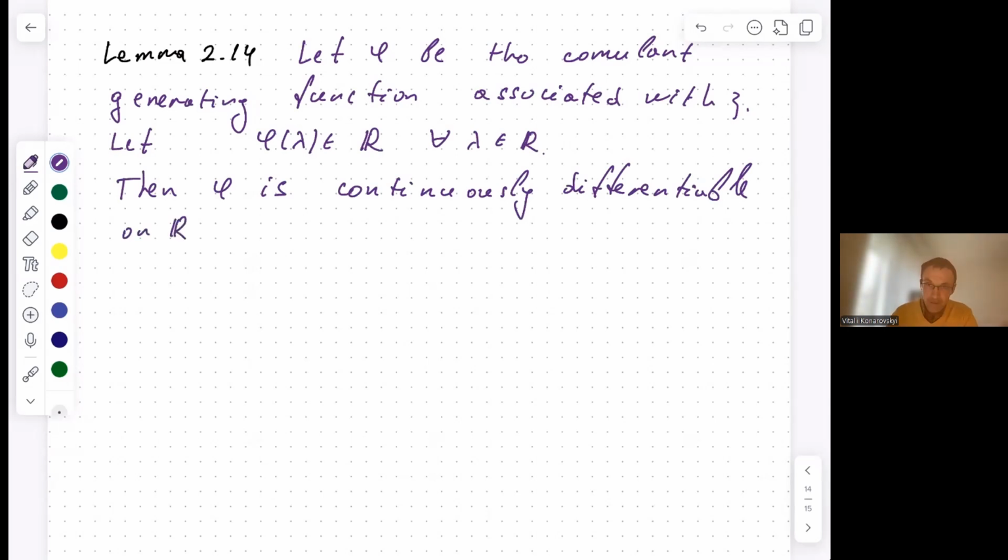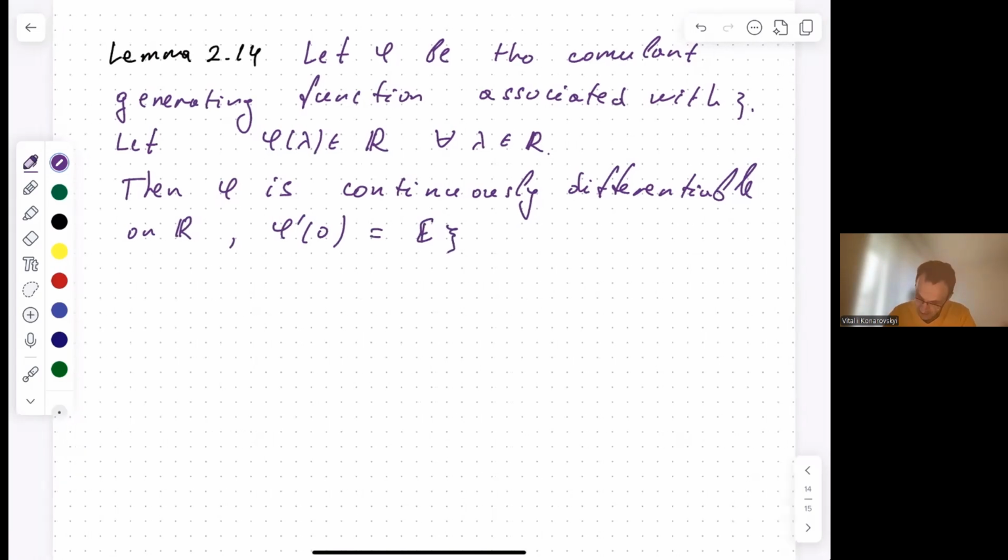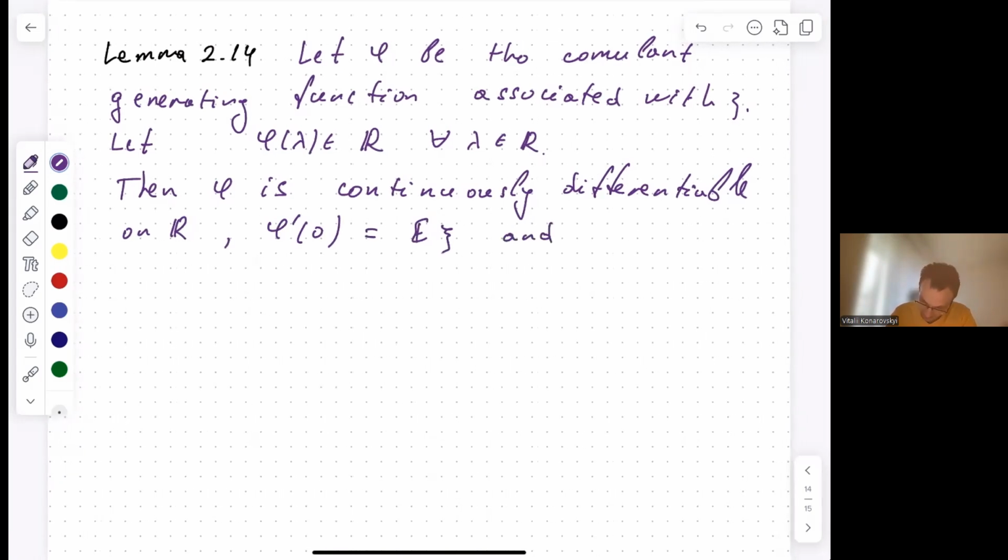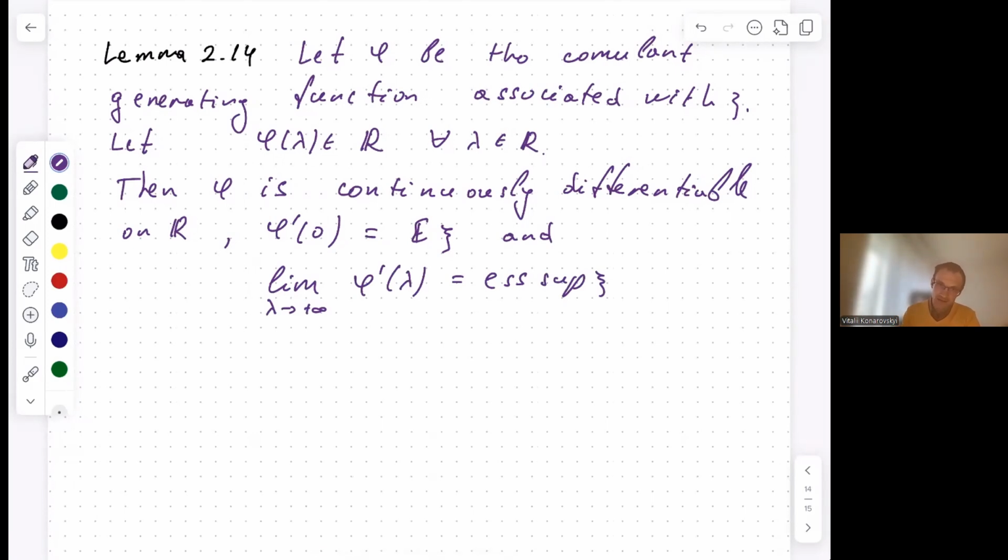On R, the derivative of phi at 0 is equal to the expectation of the random variable xi, and when you take the limit as lambda goes to plus infinity, phi prime of lambda is equal to the essential supremum of xi. It is like the supremum, but you need to remove bad values of xi, which appear with probability 0.